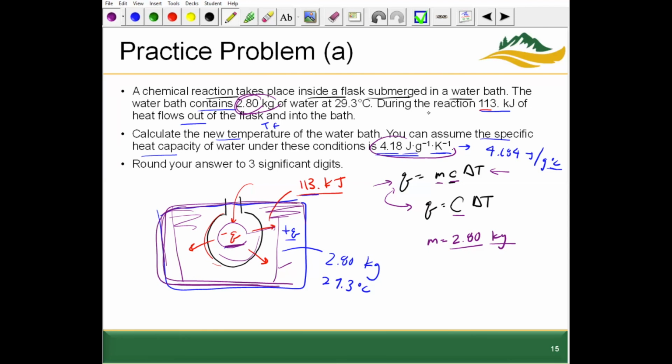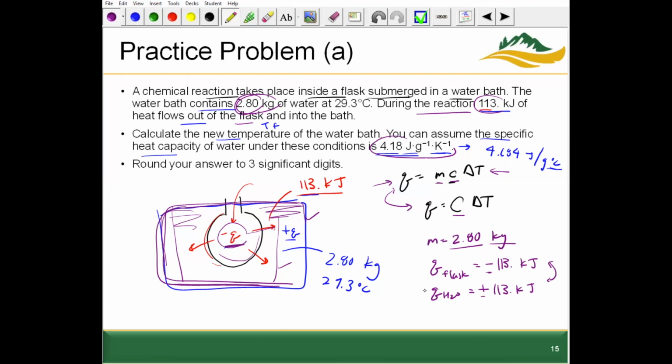We are also told that during the reaction, this much heat flows out of the flask and into the water bath. So for heat relative to the flask, that is losing 113 kilojoules of heat. Heat for the water bath, though, it is gaining that much heat, right? So we can equate these heat terms as long as we show that they have the opposite sign.